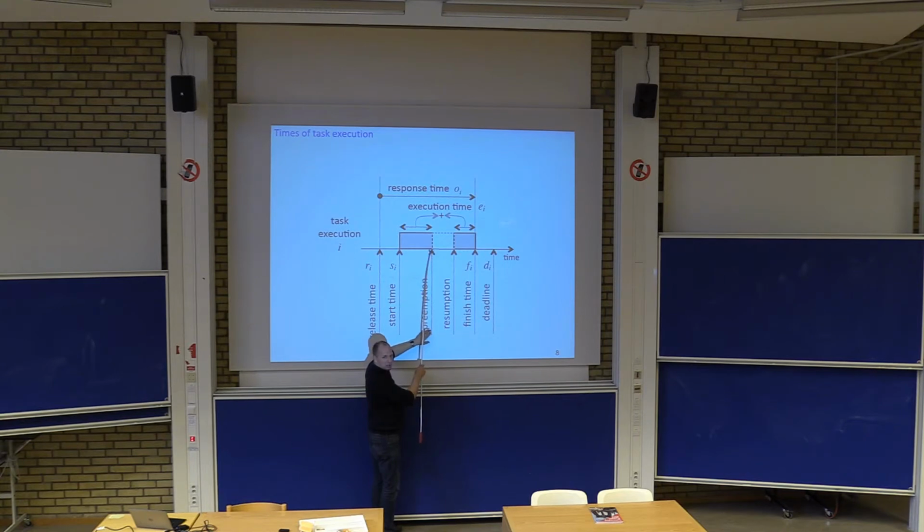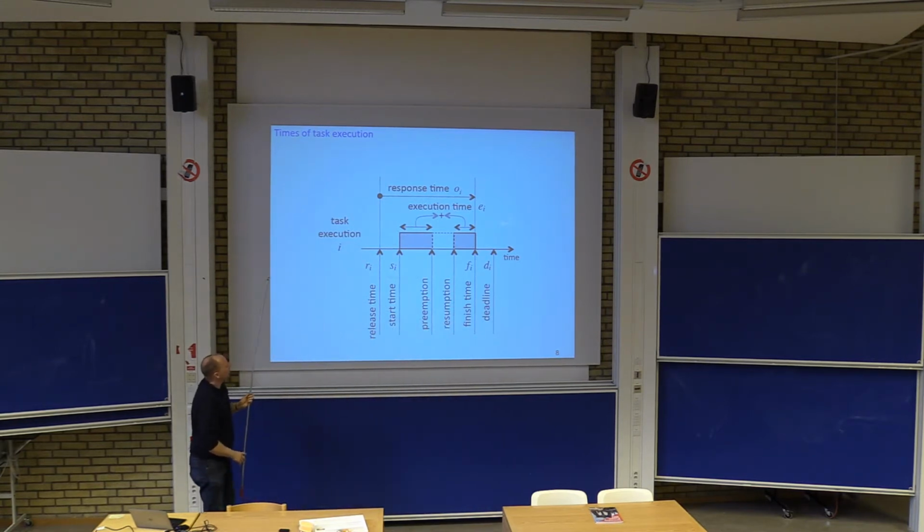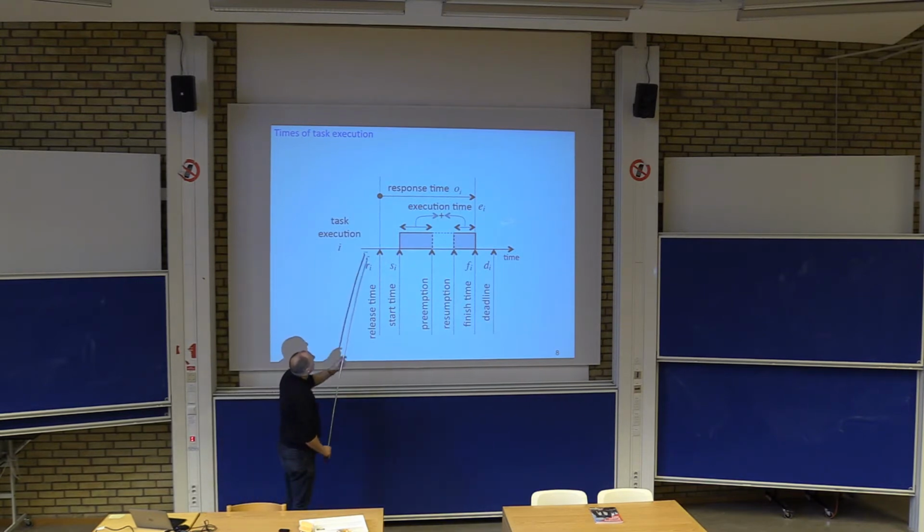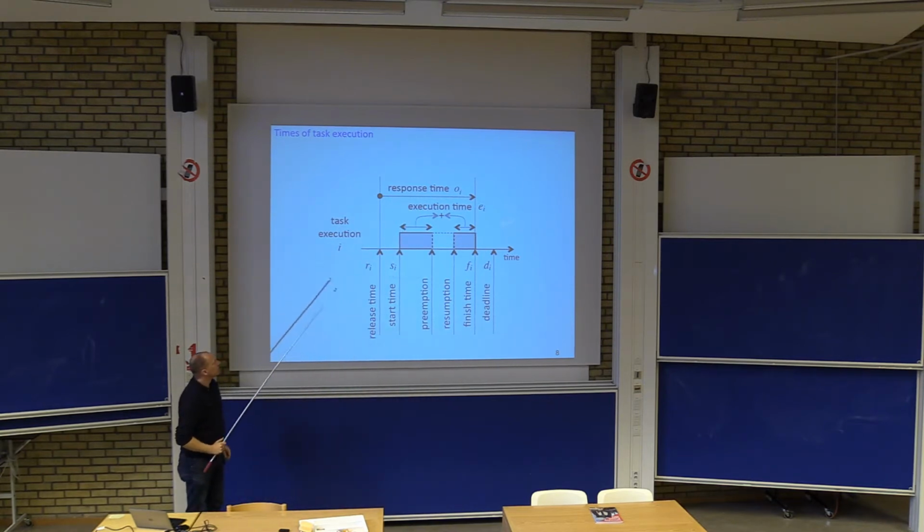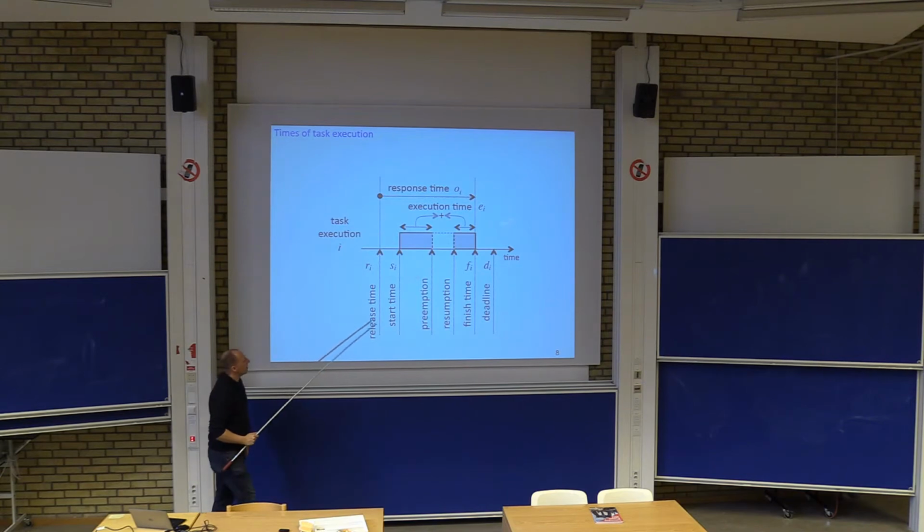So then you might be preempted, and thrown out from the processor, and then at some later point in time, you get access to the processor again, and this is the resumption time. The total time from when the task is ready to execute until it's actually finished is called the response time. And the execution time is the total time where you're actually using the processor. So in this case, it's these two times added together.